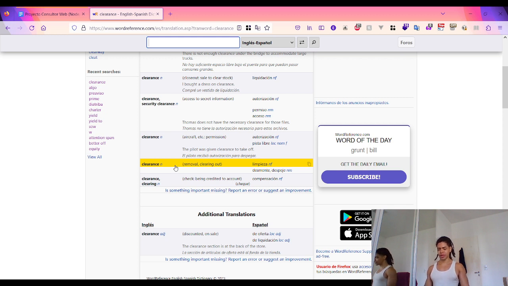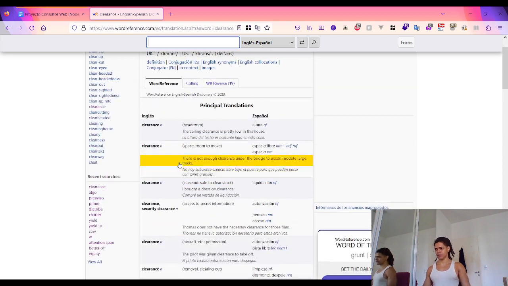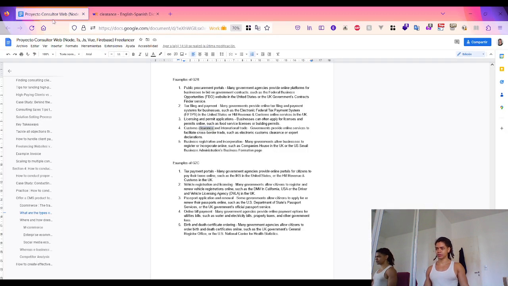So removal, authorization, liquidation. So in this case, customs clearance and international trade means aduanas, customs clearance.